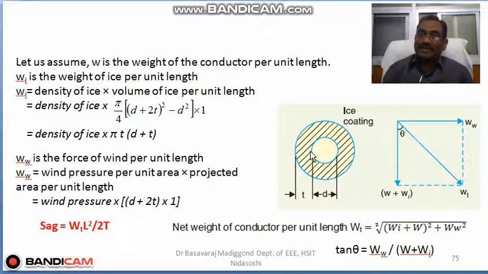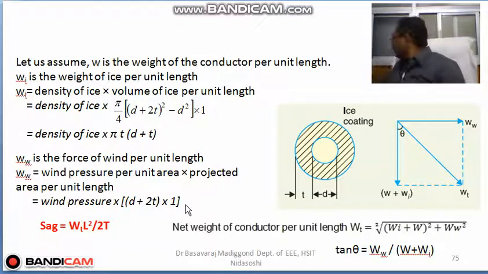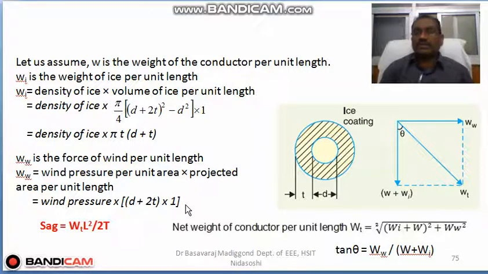So what you get is the volume of the ice per meter length into L, where L is unit length, so I will take 1. After solving this, what I get is density of ice into pi into t into (d plus t). This is the weight of the ice per unit length. The density of ice is usually given, as 918 grams per cubic meter, right? It will be given.